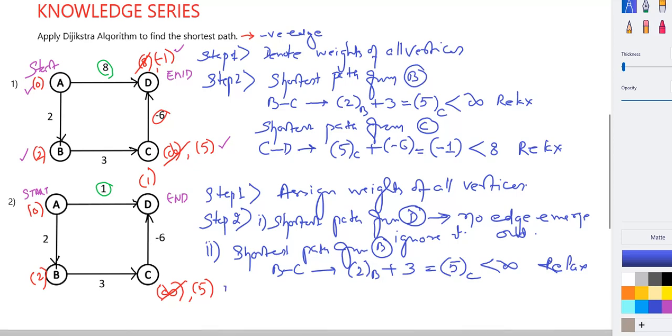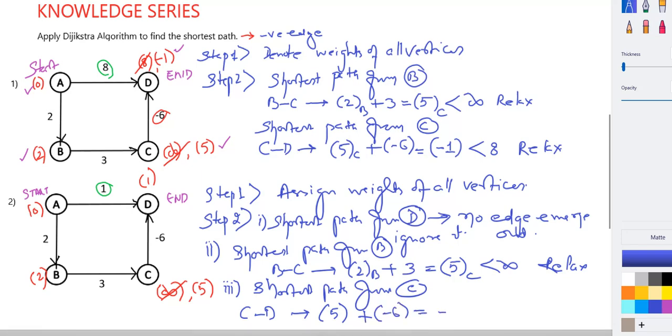Next, we go with the shortest path among C and D. Amongst C and D, we have already visited D. We have only C left, but from C the link is going towards D. So we will find from C to D what is the shortest, from the remaining vertex, that is C. So C to D. Let us see what is C. It is 5 plus minus 6.